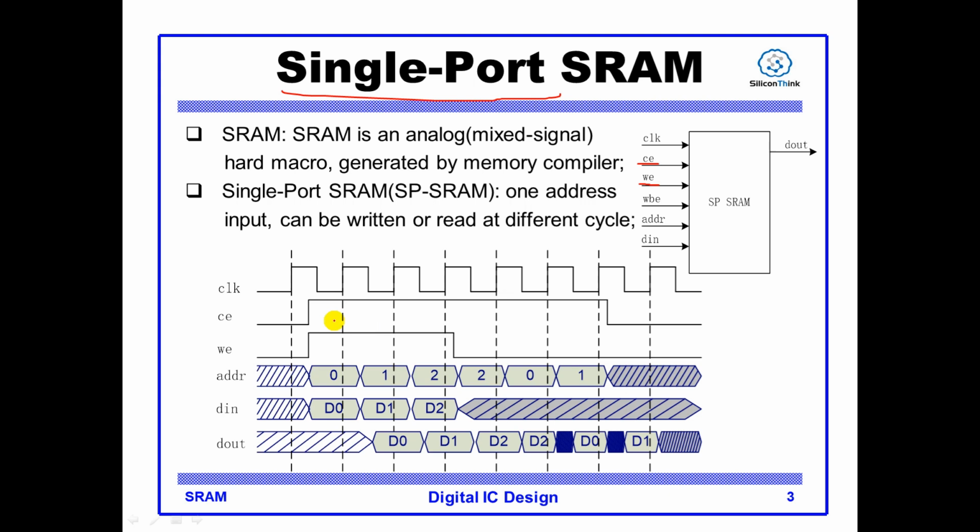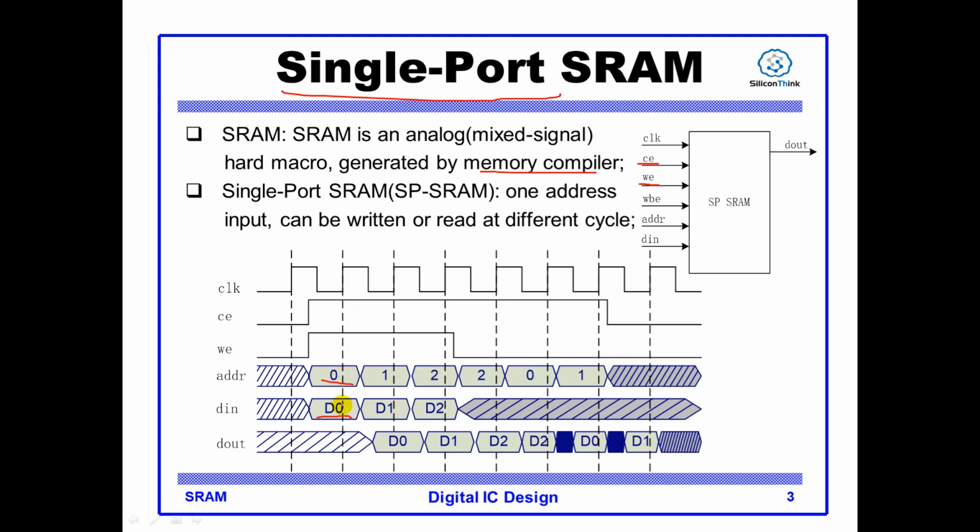In this figure they are high active, but for a macro generated by a memory compiler, they may be low active. So you have to check the user guide before use. Assume they are all high active, so you assert chip select and write enable and give address and data, aligned in the same cycle.